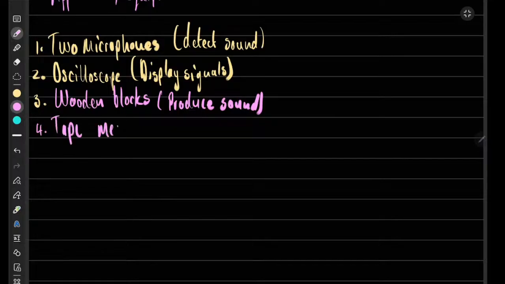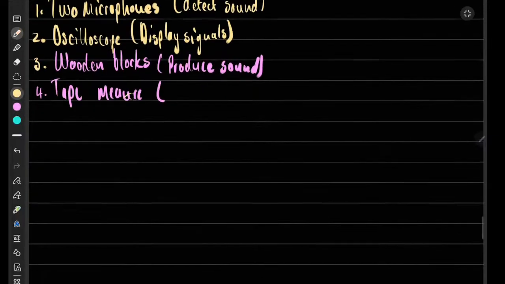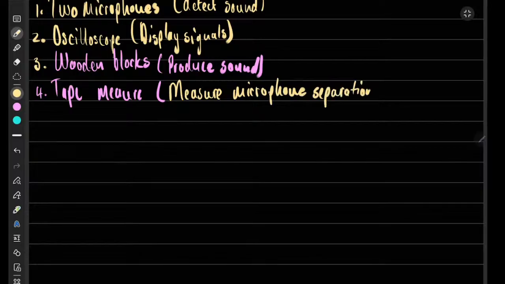Why are we using a measuring tape? Because we are not doing a big distance like we were doing there. It is to measure microphone separation. You're going to separate the two mics, and to measure that separation we are going to use a measuring tape.